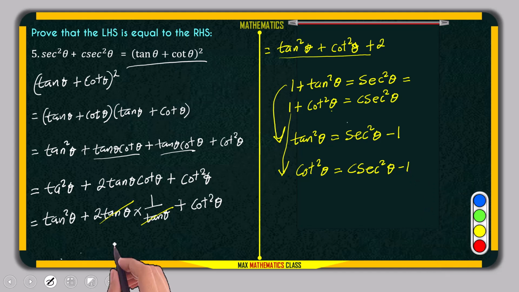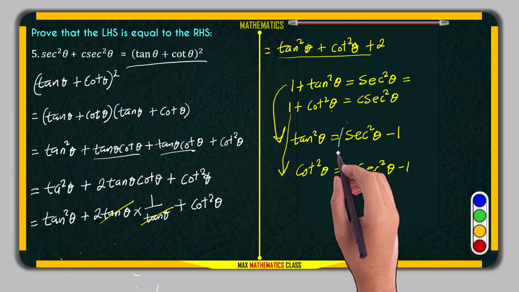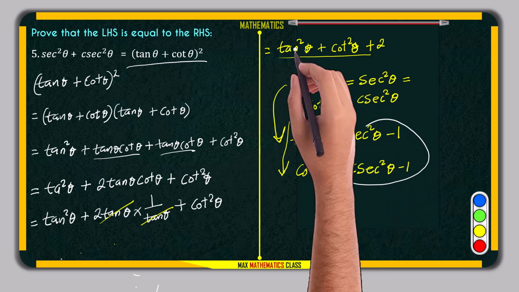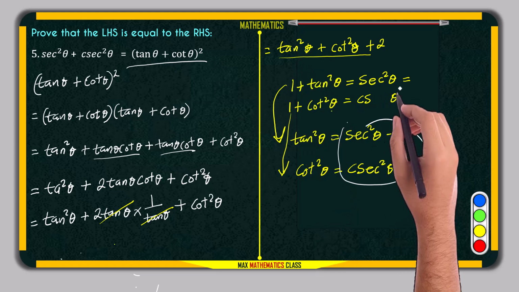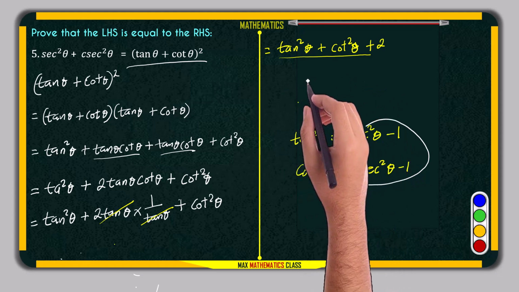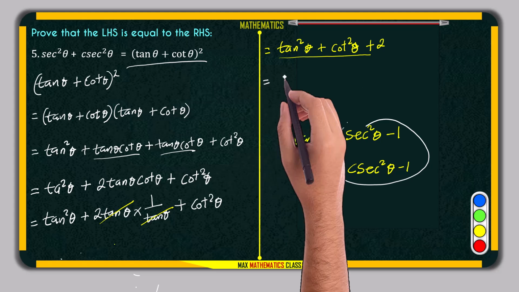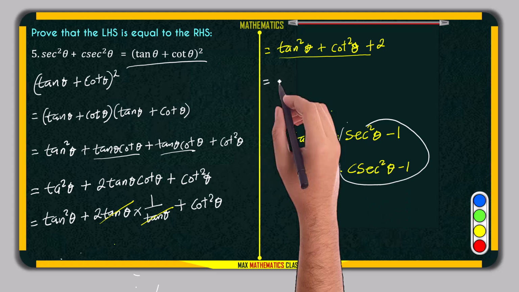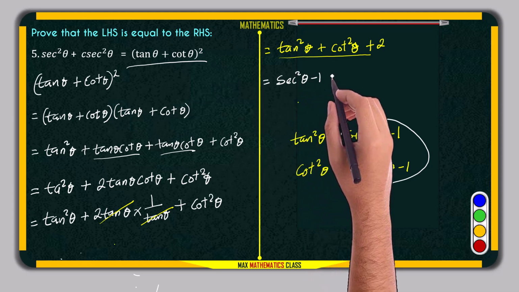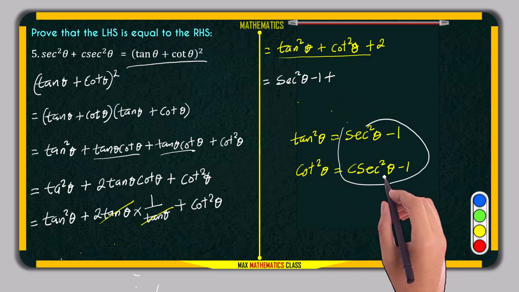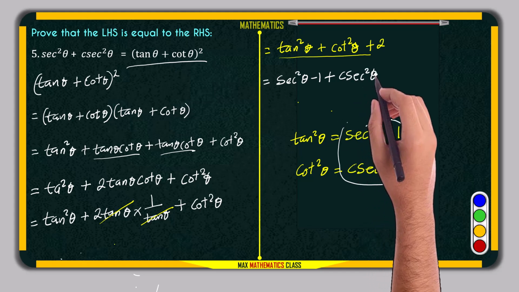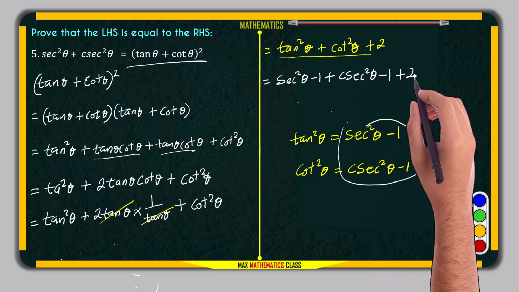So we are going to substitute these two values here in this place. So our new value will look like this. Here we are going to have sec square theta minus 1 plus cosec square theta minus 1 plus 2.